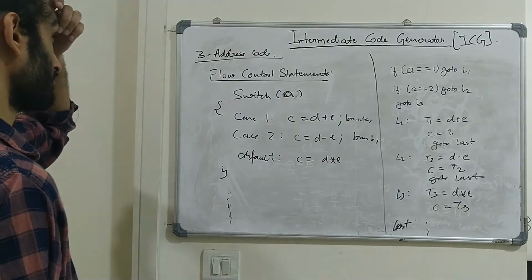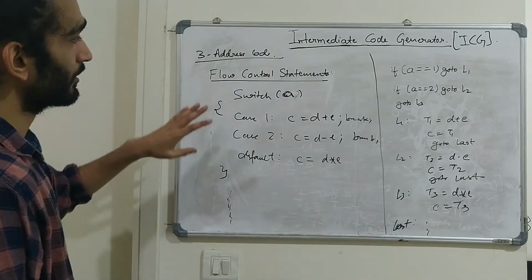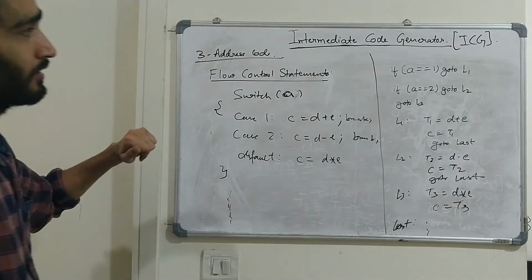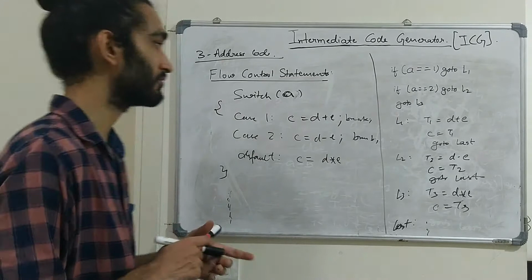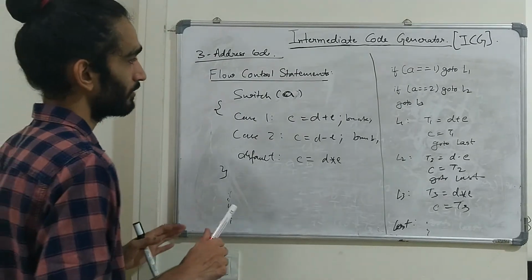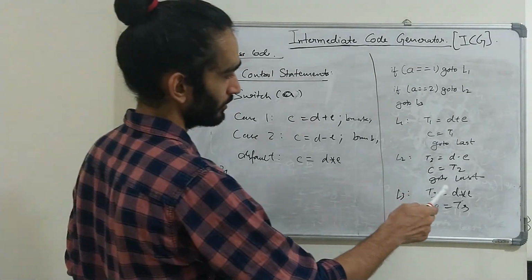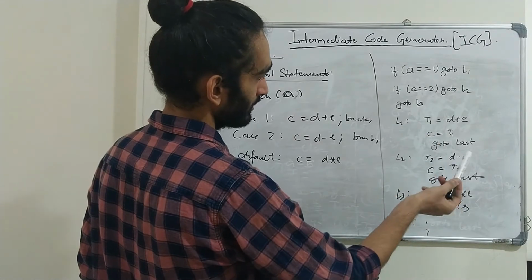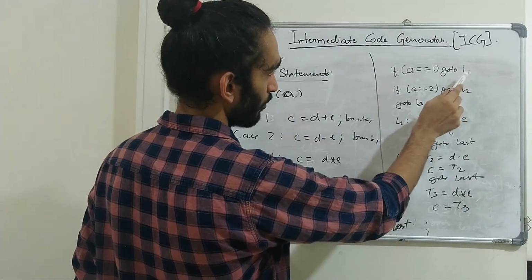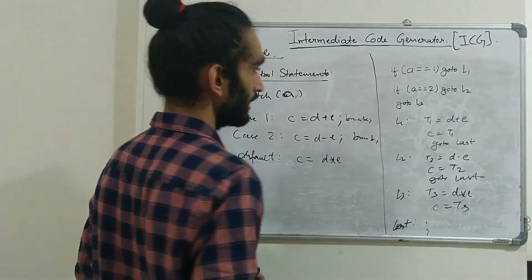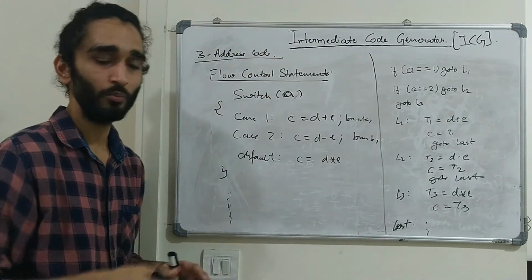Now you can also write while statements and for loops. While writing for loops, the technique you apply is a loop. Once you know how to use labeling, you can understand how the looping can be done also.